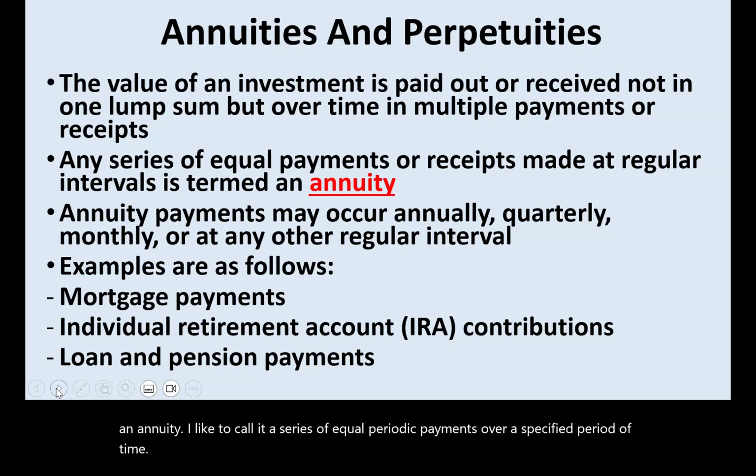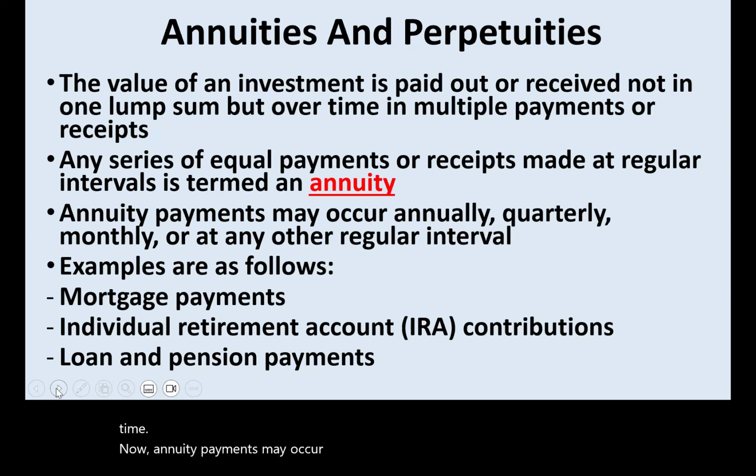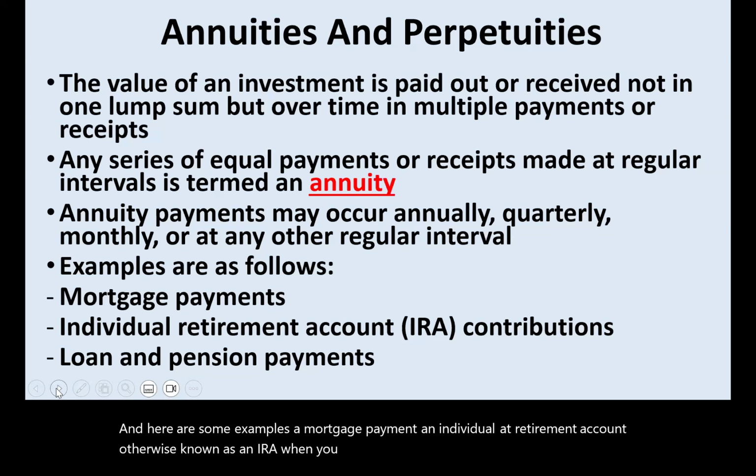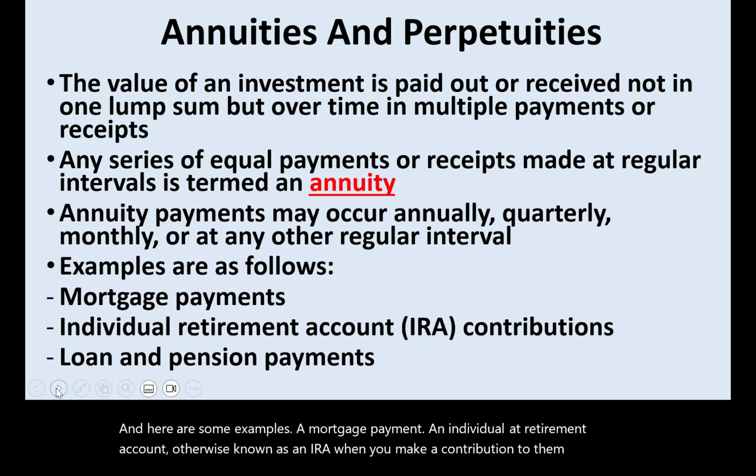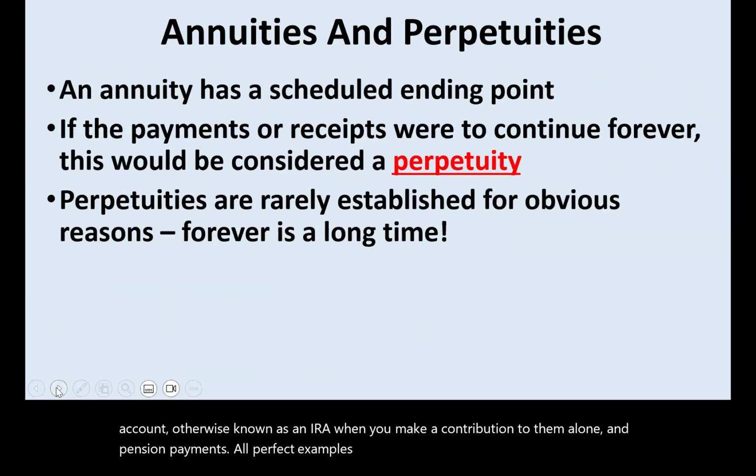Annuity payments may occur annually, quarterly, monthly, or at any other regular interval. Here are some examples: a mortgage payment, an individual retirement account, otherwise known as an IRA, when you make a contribution to it, a loan, and pension payments, all perfect examples of annuities.